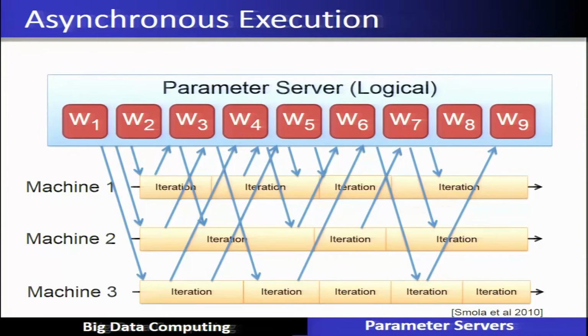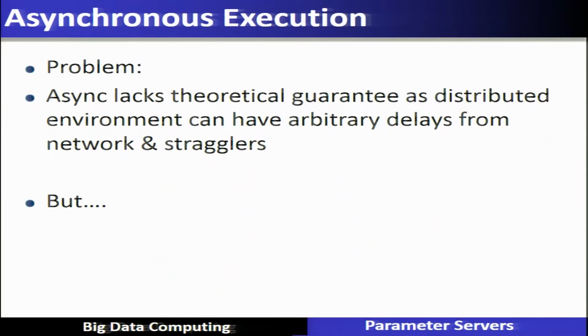They are different parameter servers, and they keep being accessed by different machines, and internally they communicate the results back to this particular server. So if these asynchronous operations are there, let us see the problems in this asynchronous execution.